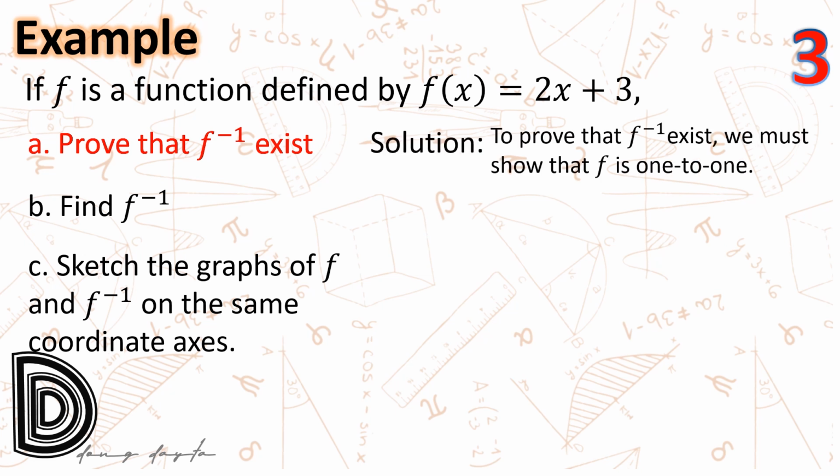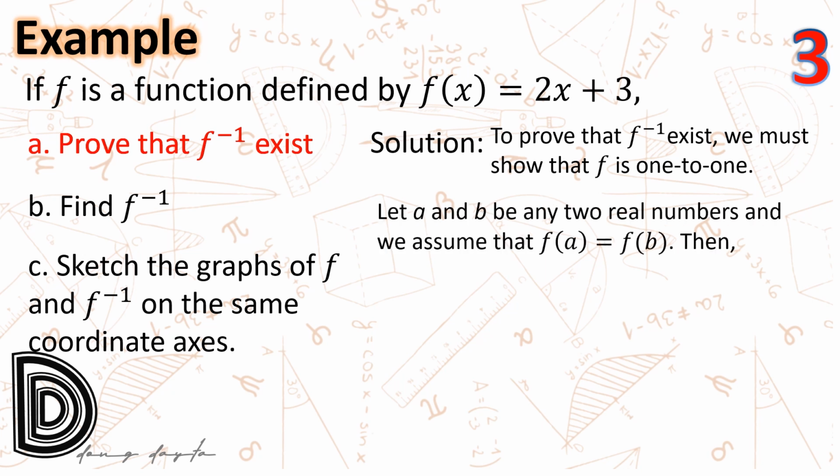To prove that inverse of f exists, we must show that the function f is a one-to-one function. Let a and b be any two real numbers, and we assume that f of a equals f of b.